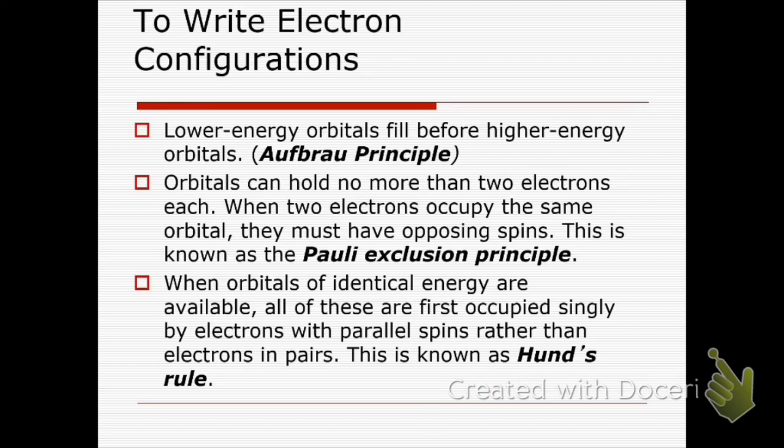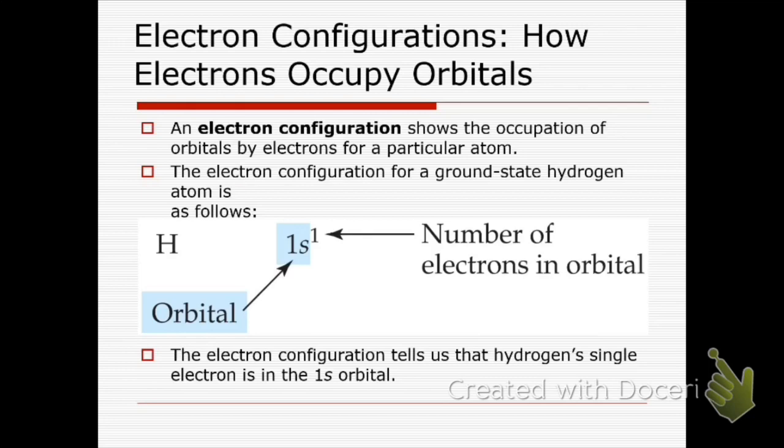So when we start writing the configurations, we already noted that we're going to use a coefficient to tell the energy level, and then the letter to tell the shape. And now we're going to put superscripts to tell how many electrons are in that orbital. Because we can only have one s orbital and each holds 2 electrons, we will never see a number bigger than 2 associated with an s shape.